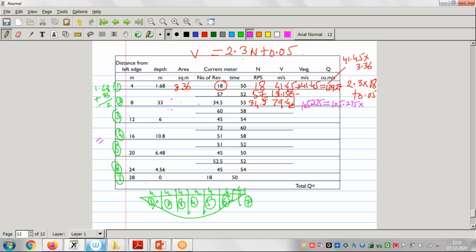Okay, 69.36. Now calculate here: 105.275 multiplied by 69.36. So you will get the discharge Q here. How much are you getting Q for this section? 105.275 multiplied by 69.36.